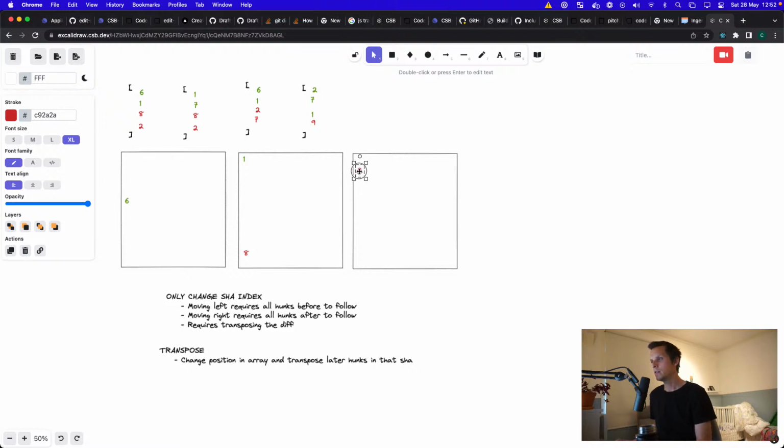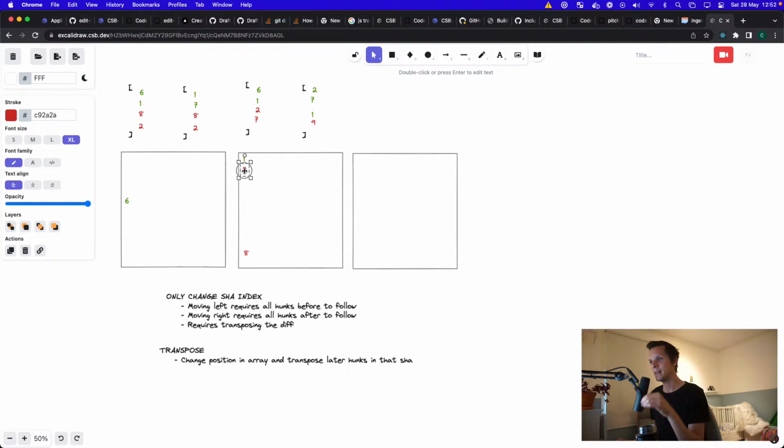So maybe that's the point. When you move something left, you have to transpose the thing you move out first. In this case, there are no hunks before it, so there's no transposing of the hunk I'm moving.